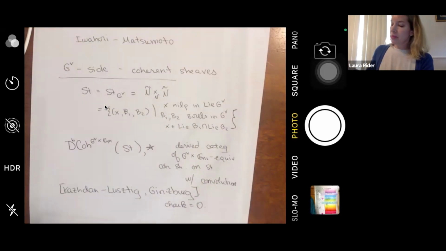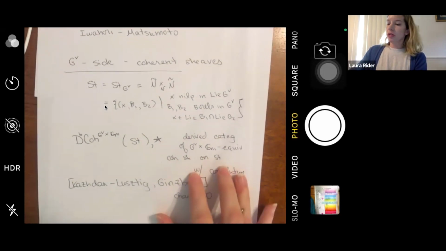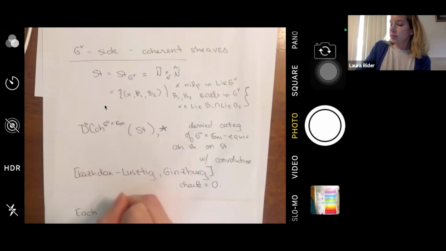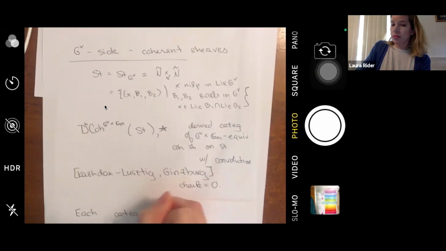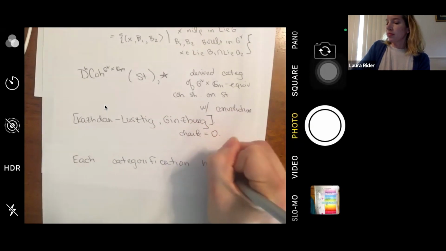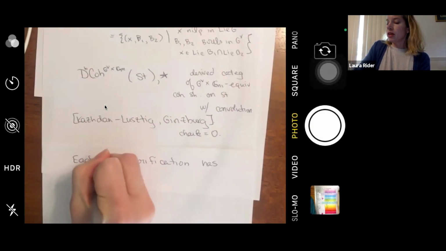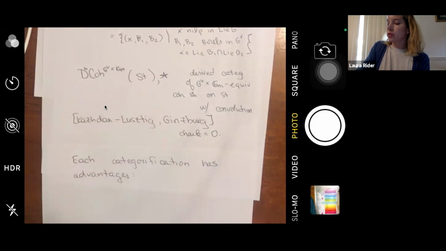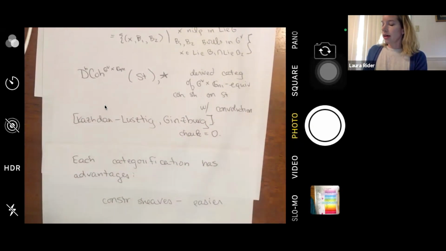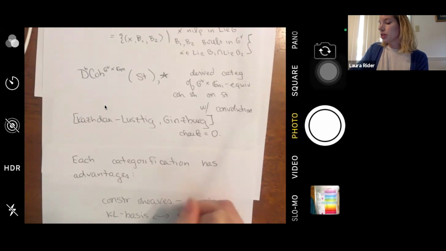So yeah, I want to emphasize that we really do like both of these categorifications. So for one thing, if I'm looking at constructible sheaves, then here it's easier to see the Kazhdan–Lusztig basis, for instance, because this just corresponds to the intersection cohomology sheaves.